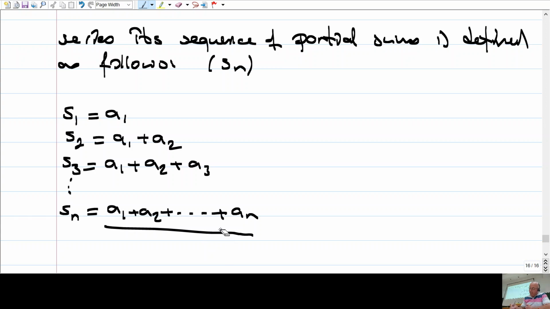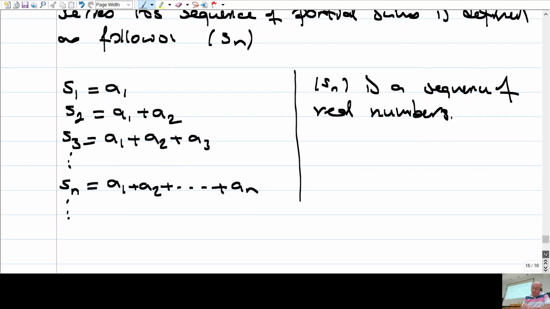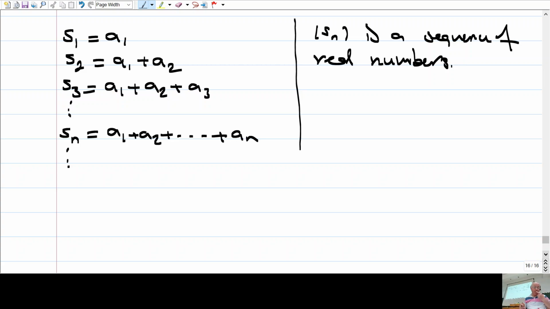Now, this Sn is a sequence of real numbers, and we can talk about all the concepts we have defined for sequences, like whether it is increasing, decreasing, bounded, or convergent. And here is the definition.